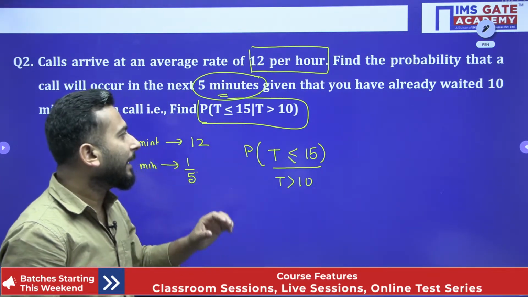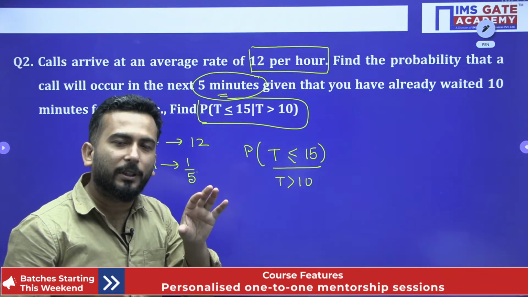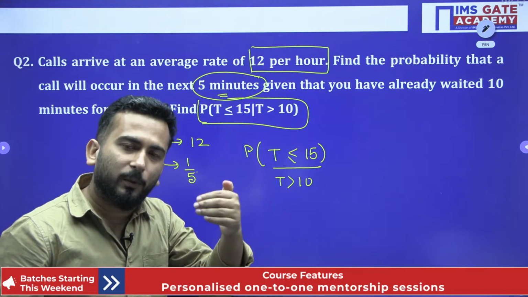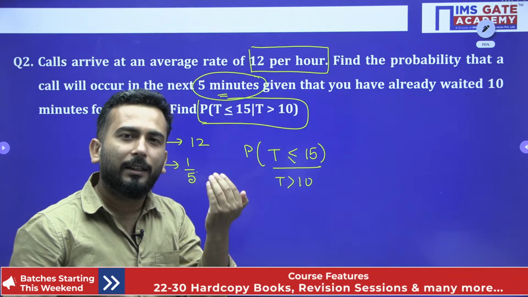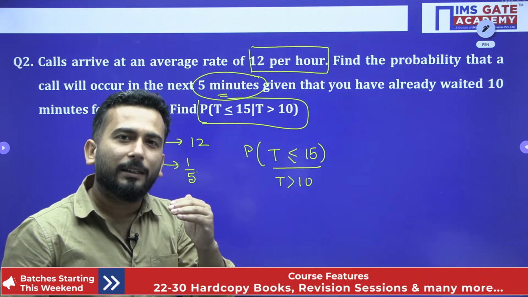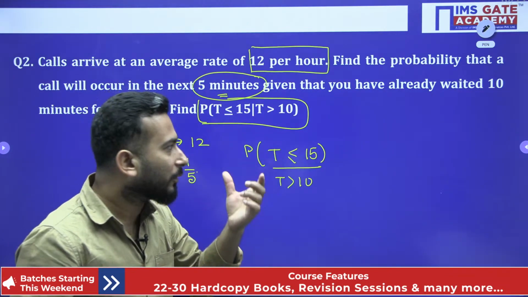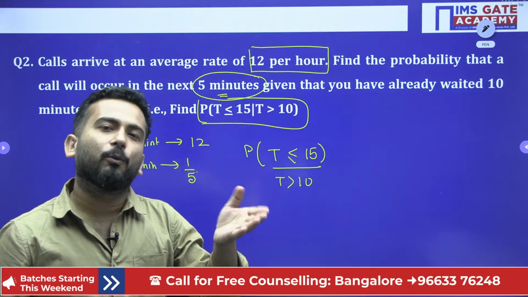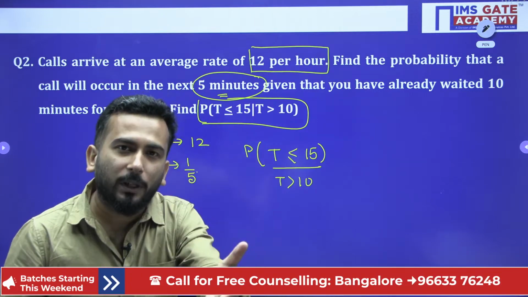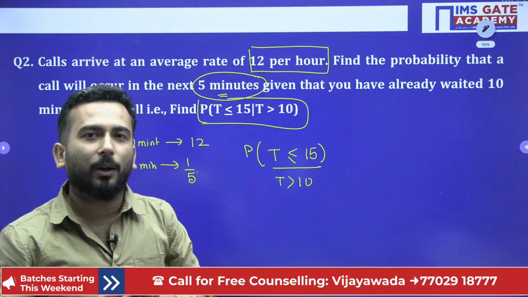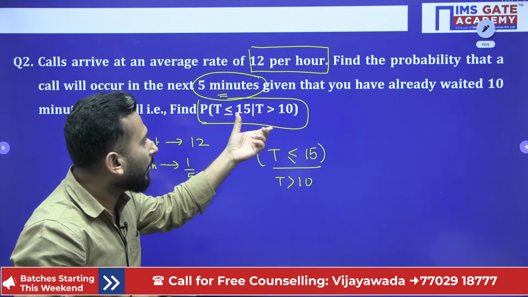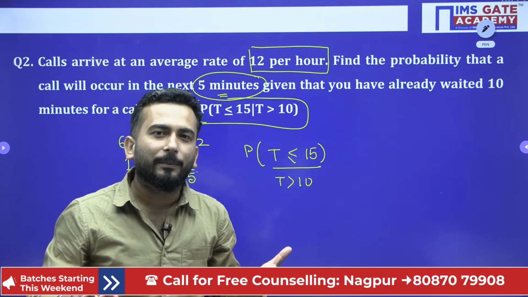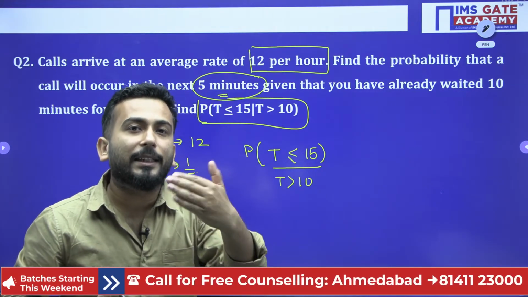It means that the nature of exponential distribution is in such a way that whatever has happened till now or whatever has happened in the past, the probability for the something upcoming is not dependent on it. Yes, it does not take into account whatever has happened. Whatever is yet to come, it will take into account. It means that already if I have waited 10 minutes for the call, it does not matter. What matters is the next 5 minutes.